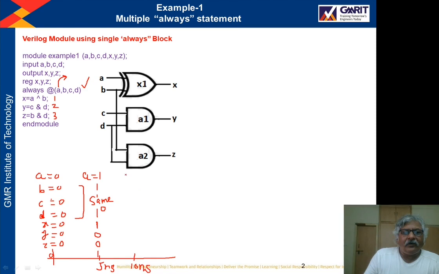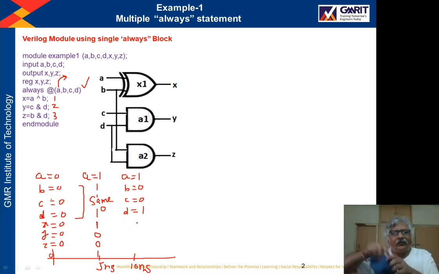the value of A is the same as the previous value, 1, and B is 0, and C is also 0, but the value of D changes to 1, right? So up to 5 ns the value of D is 0, but at 10 ns the value of D will become 1.